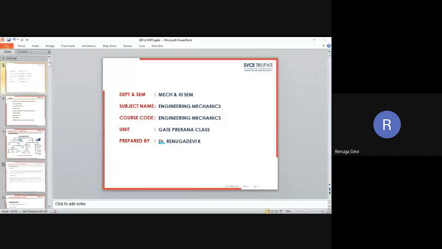Is there any disturbance or cracker sound? Are you getting any sound? Ma'am, the page has been stuck for two minutes. I have given the engineering mechanics divisions. Ma'am, the first page itself has stuck. One second, I have changed the page, but it is not coming. Again, one second, I will show you.